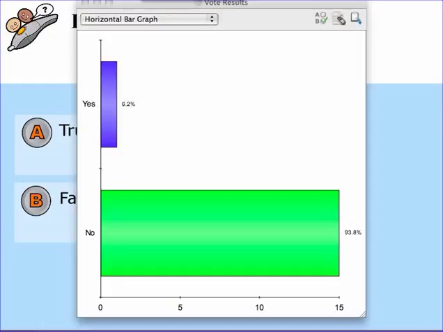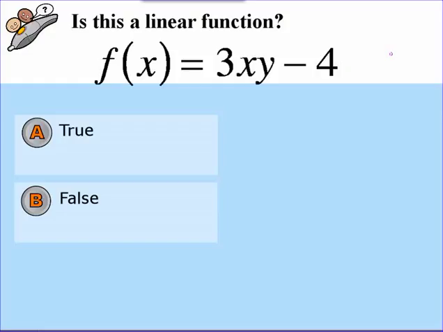No, why not? Because this one's the one that kind of messes it up. Okay, you can't have 3xy. You could have 3x minus 4, but not 3xy minus 4.